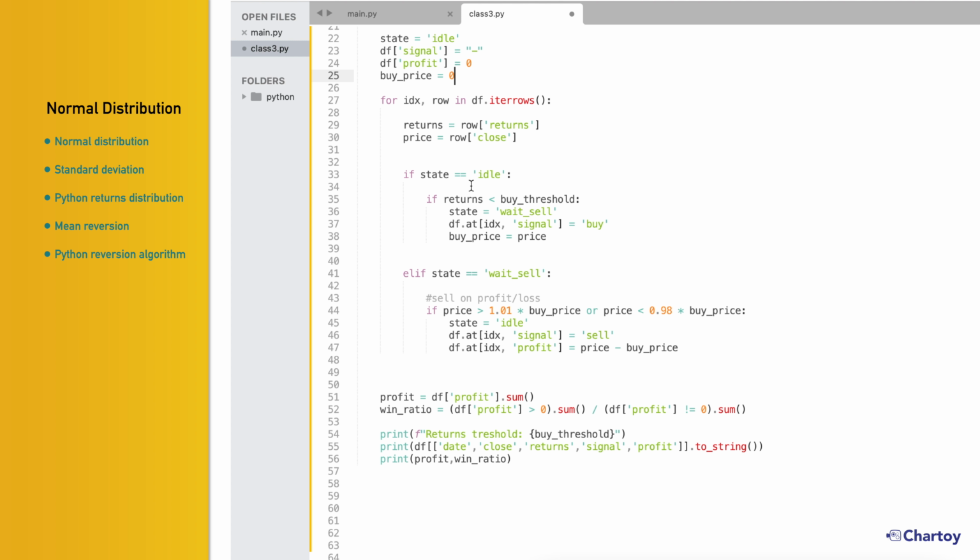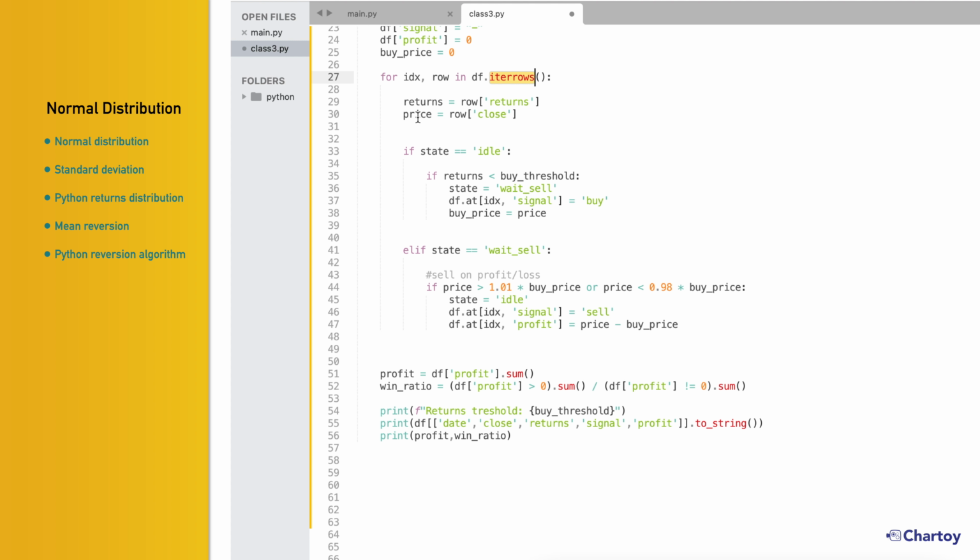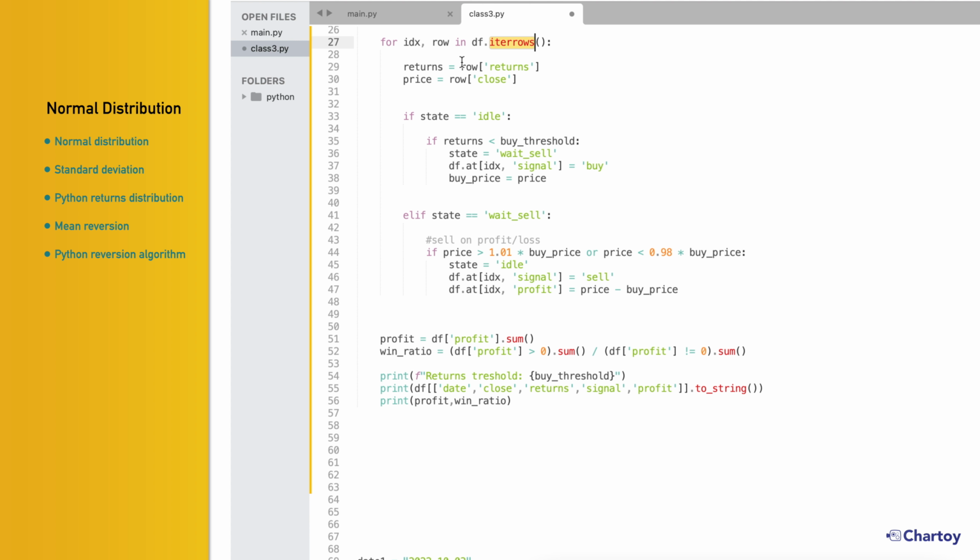We're now going to loop over the data frame using a for loop. For idx, row in dataframe.iterrows, which is a function that iterates over all the rows of the data frame, for each row you get the row and its index.